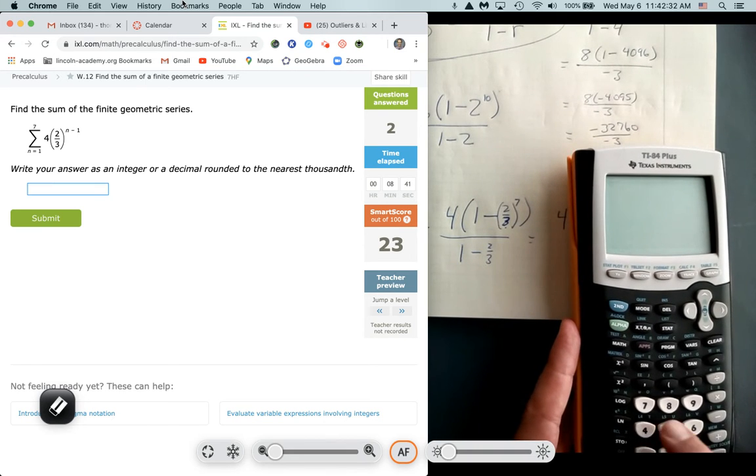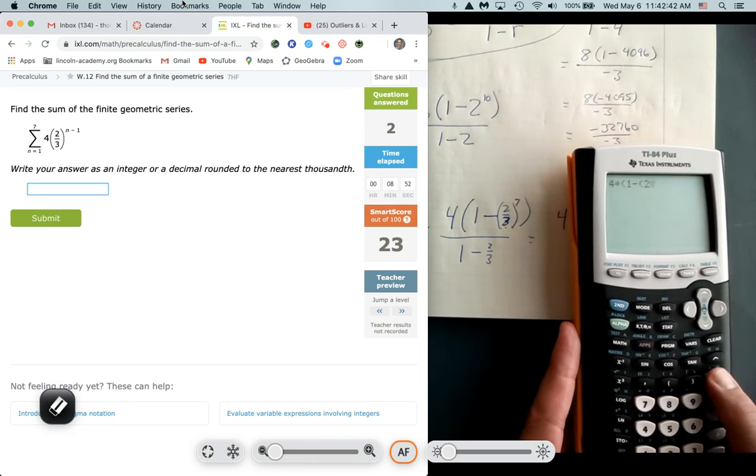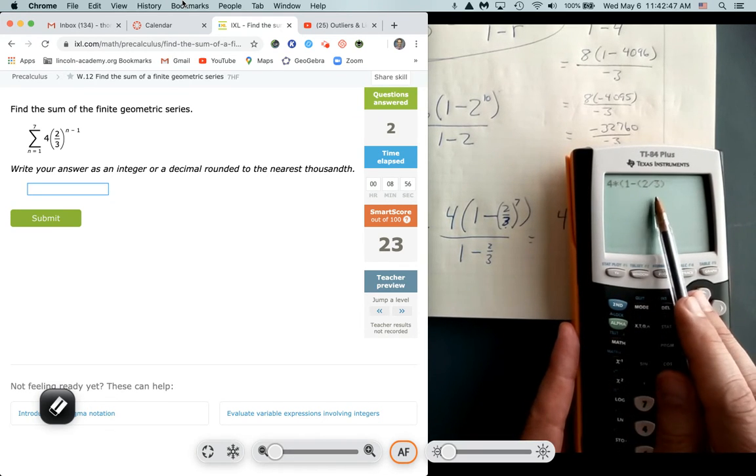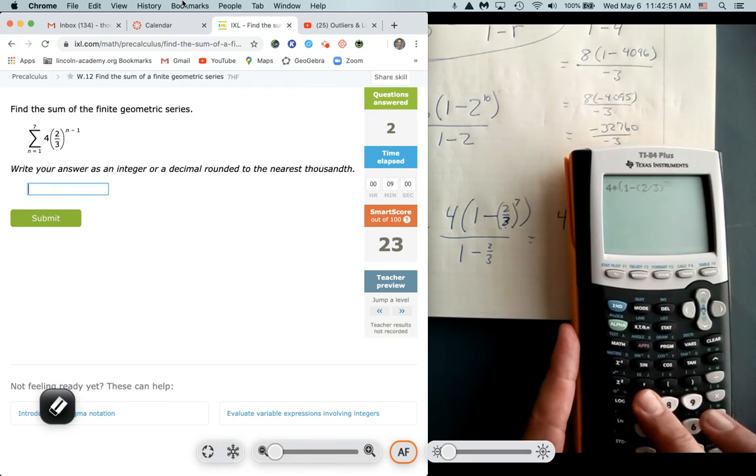So here we go. I'm going to go 4 times, in parentheses, 1 minus, and I'm going to put the fraction in parentheses. I'm going to do that 2/3 in its own set of parentheses, raised to the 7th power.